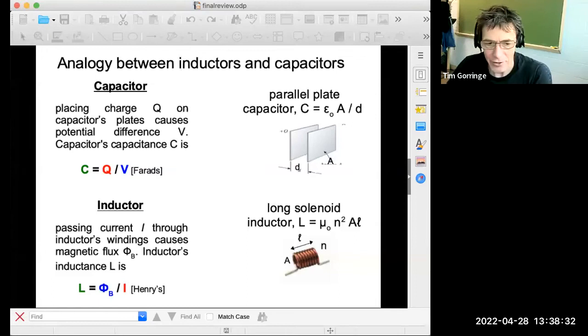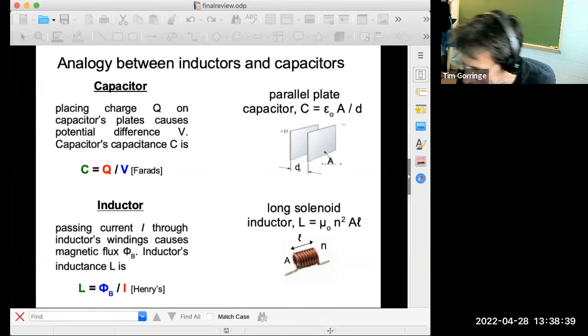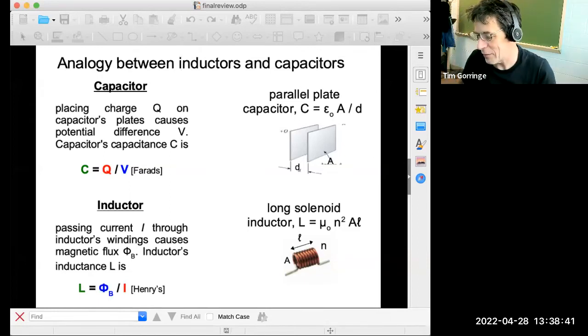Do you see me? Yes. Okay, that's a minor success. Now, let's see if I can reshare. Do you see a slide? Yes. Okay. I don't know what happened there. That's the last time I'm going to try and show a video over Zoom.